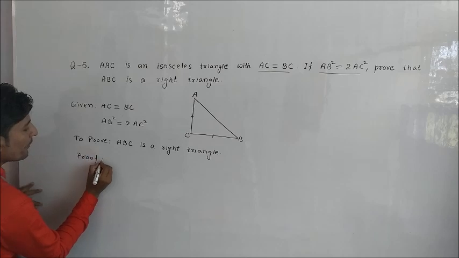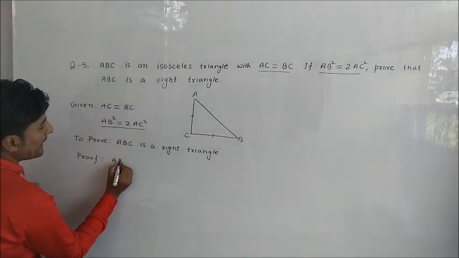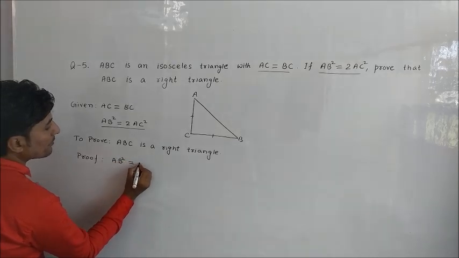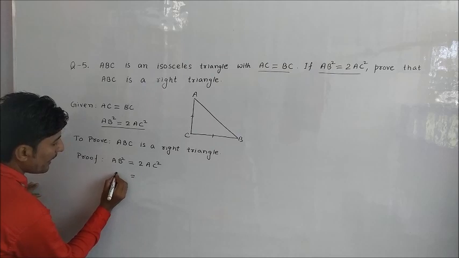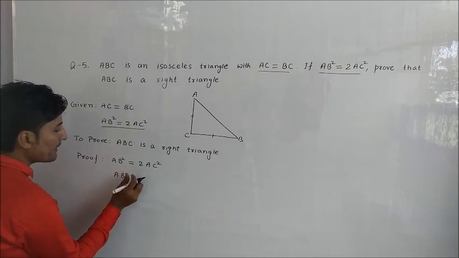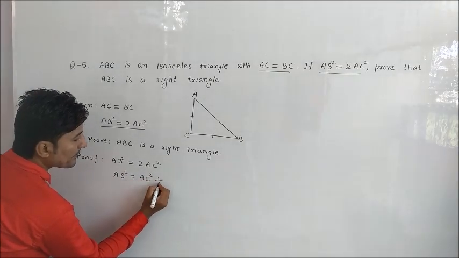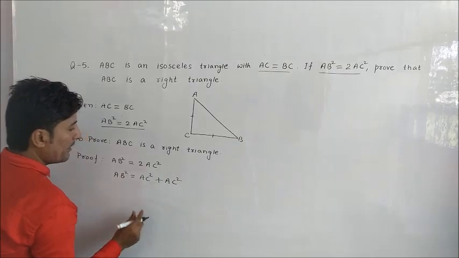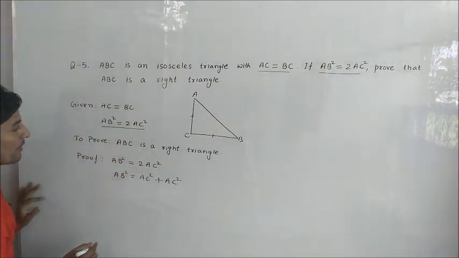In proof, first of all we have to copy this line which is given. As given, AB square is equal to 2 into AC square. So AB square will be as it is. There will be no change. In place of 2AC square, we can write AC square plus AC square. When we add AC square with AC square, we get 2AC square.